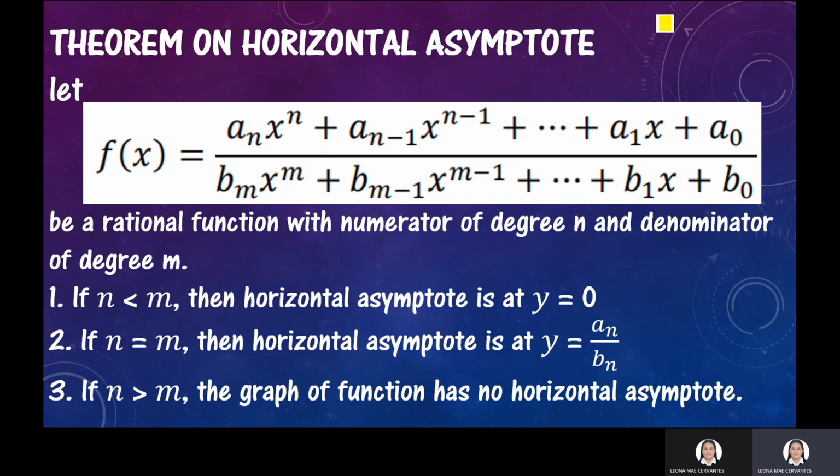So if n is less than m, then the horizontal asymptote is at y is equal to 0.